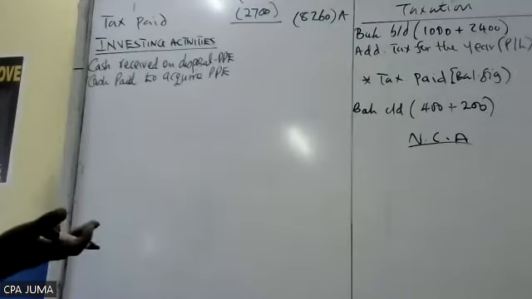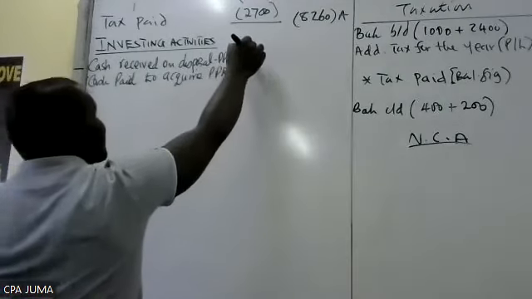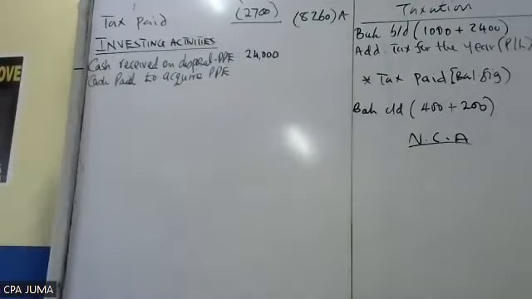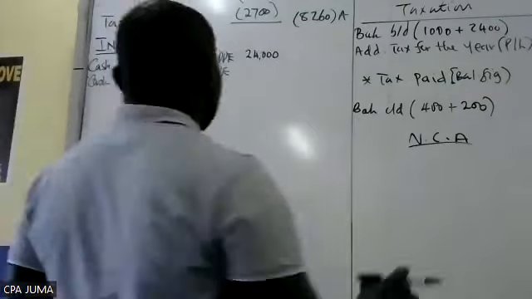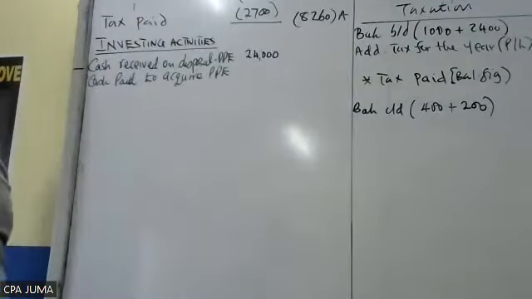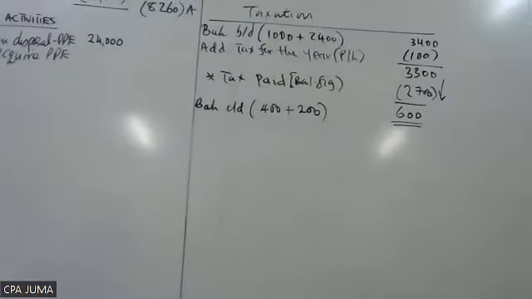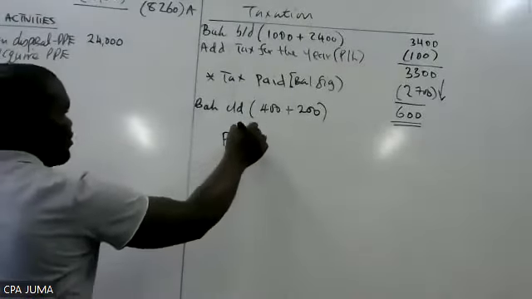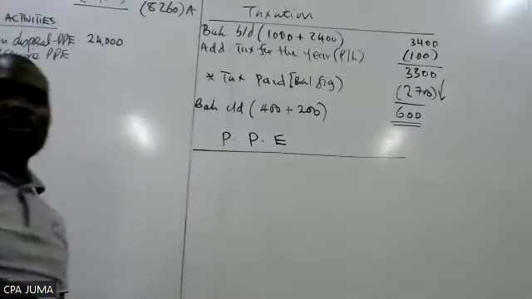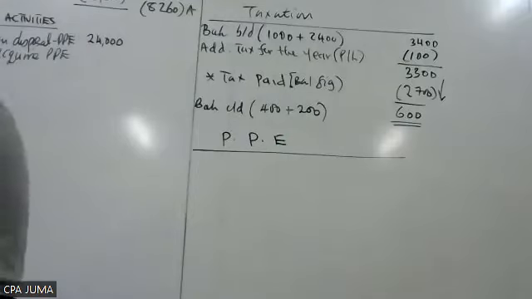The factory is part of PPE, so they sold it for 24. So bring here 24. So let's have a working for PPE. So I have a working there for property, plant, and equipment.